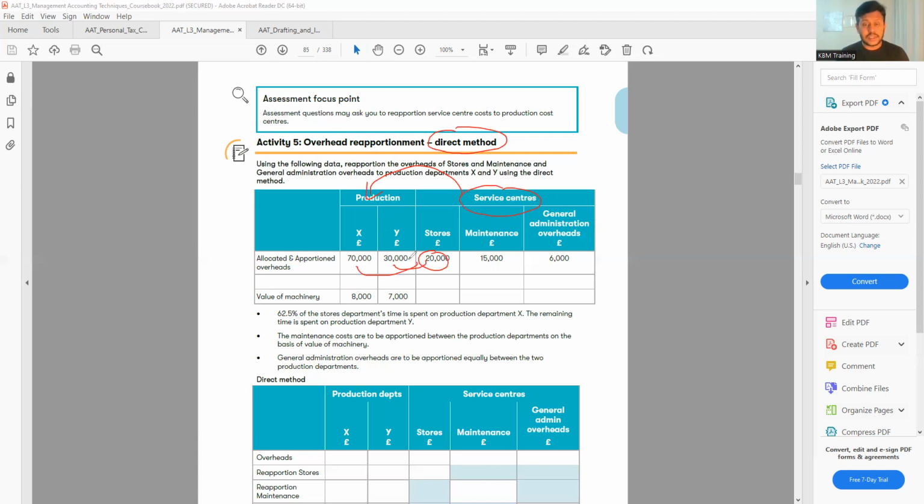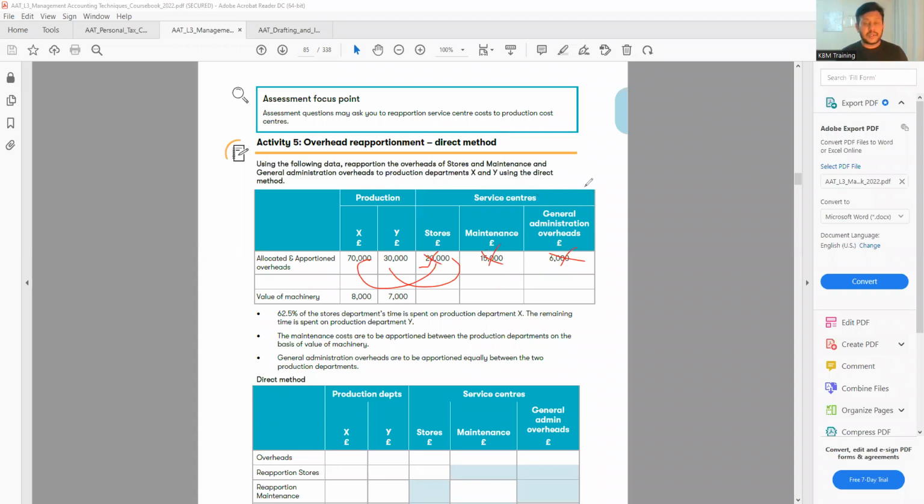Depends on what the question says to us. Maybe the maintenance will go to Y or X or maybe half, and maybe the general overhead will go to X or Y or half. That means these three will be zero. These three will be gone, because all of them will be moved to either X or Y or maybe equally split. Depends on the question. This is the direct method.